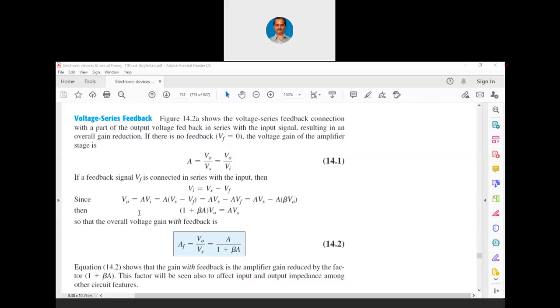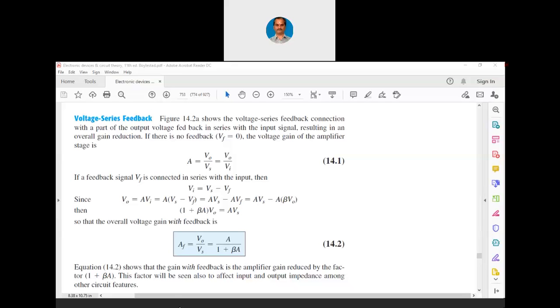Input voltage of the amplifier is the subtracted form of feedback voltage from the source input. So, AVs minus AVf, and let us substitute for Vf, that is Vf is nothing but beta into V0. So, we get this equation 1 plus beta A into V0 is equal to A into Vs, or in effect we get AF equals V0 by Vs equals A by 1 plus beta A. It is the same expression which I showed you in my PowerPoint slides.